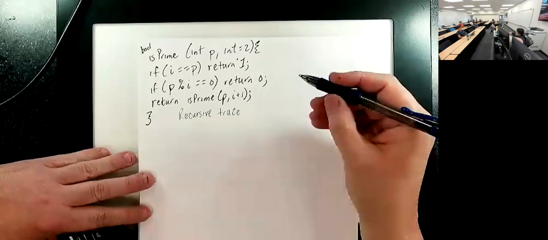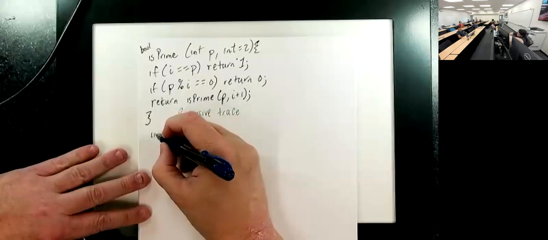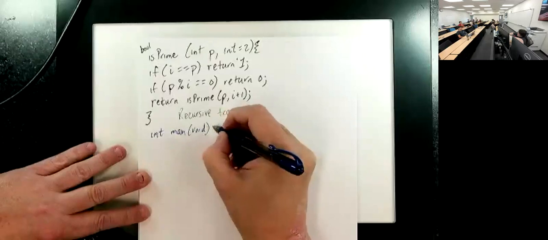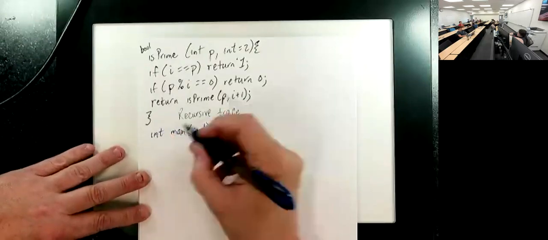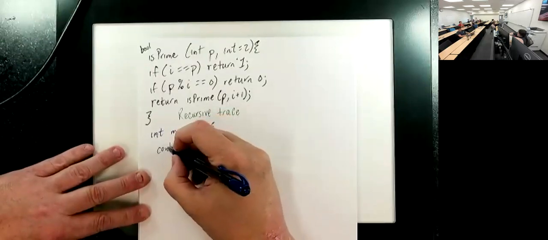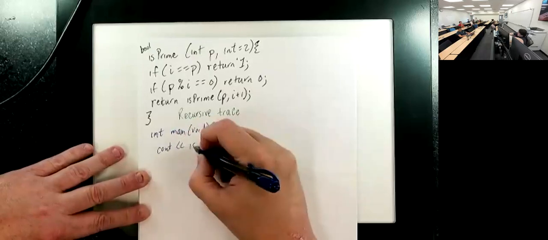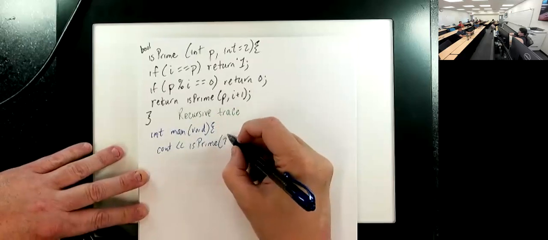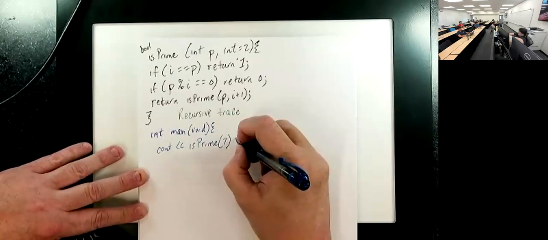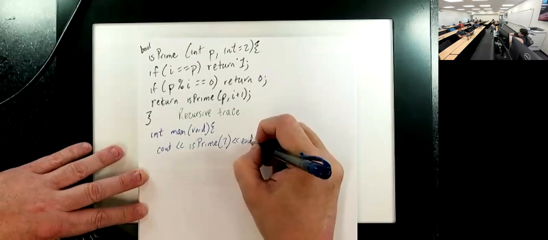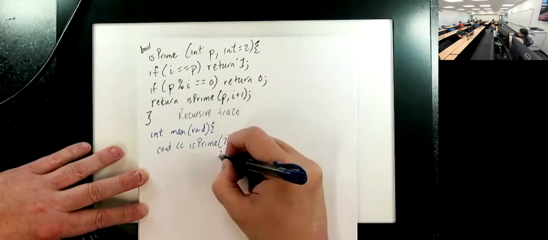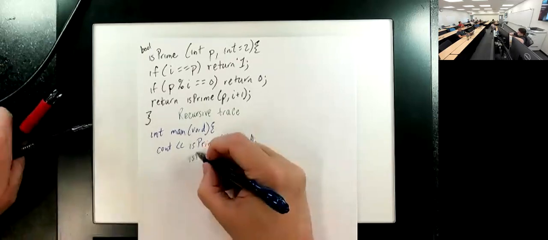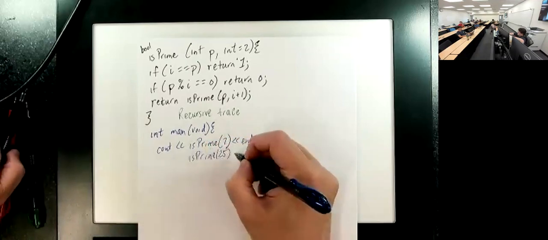I am. So we have our int main void, and let's have a little call in there. We'll cout, I don't know, is prime. Let's check 7. And we'll take a look at, I don't know, 25. So I'm going to go over and run those real quick and show the results.